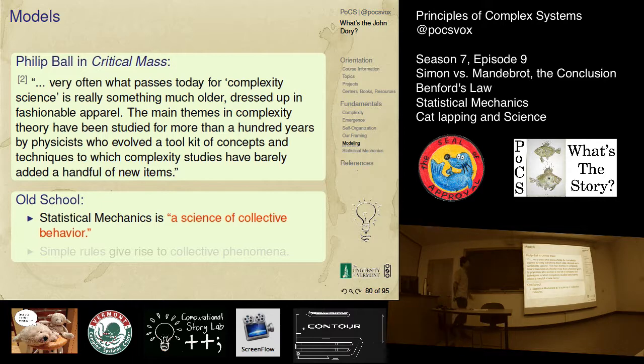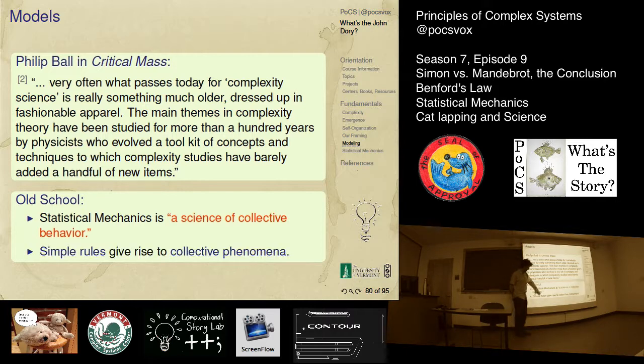But we do have this great body of work, stat mech, statistical mechanics, exactly what it is, mechanics that's probabilistic or statistical, and it's a science of collective behavior. So that kind of thinking, of course it was for gas particles and other things, is a very good grounding for moving up to all sorts of other areas.